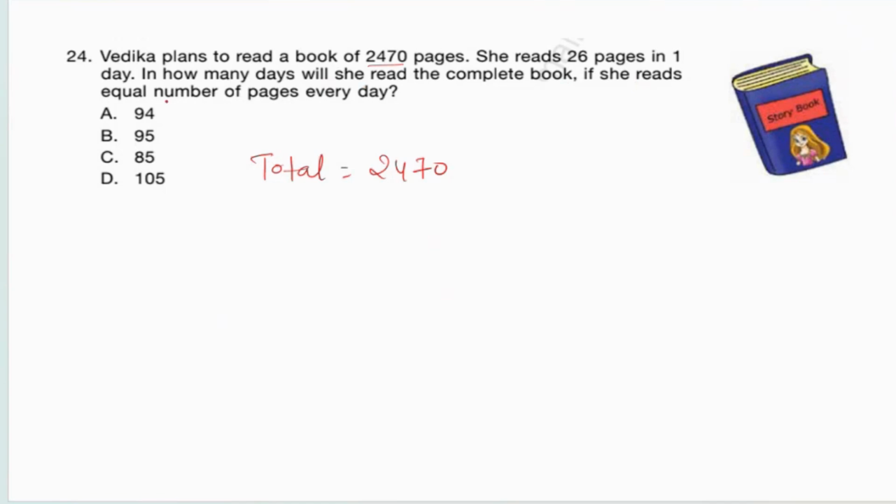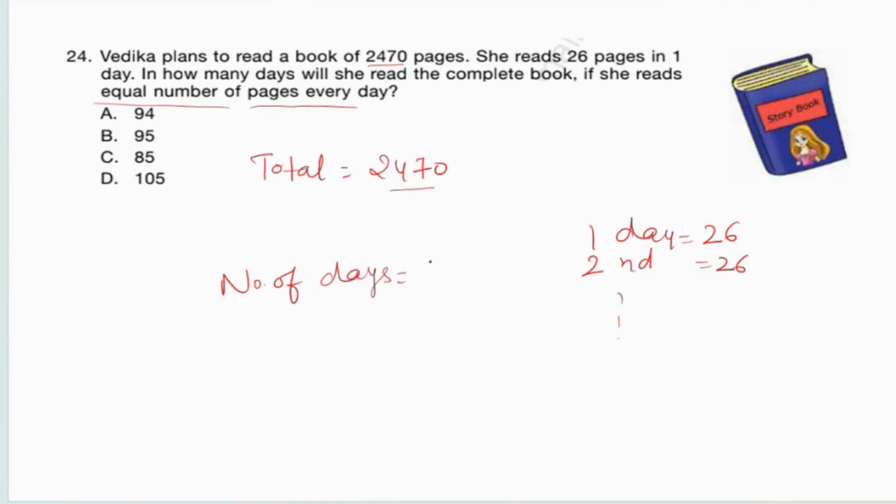If she reads an equal number of pages every day, the first day 26, the second day 26, and so on. We are talking about the number of days. I told you in our previous question, if I have to find the number of things, sets, or days, I have to divide the total. 2,470 divided by 26 will be my answer.